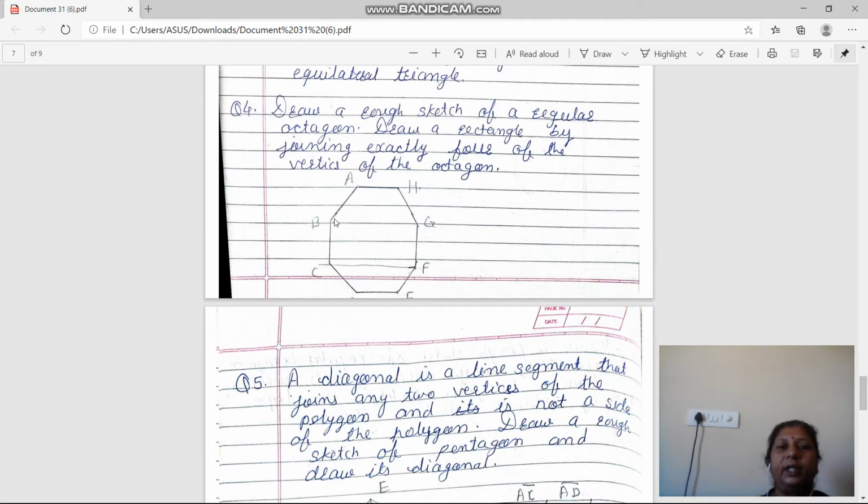So when we join two sides of the octagon to make a rectangle, see here, BGFC is the required rectangle. Next question, we are just asked to draw. We don't have to mention anything here.